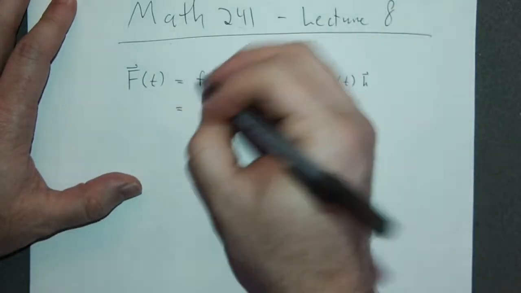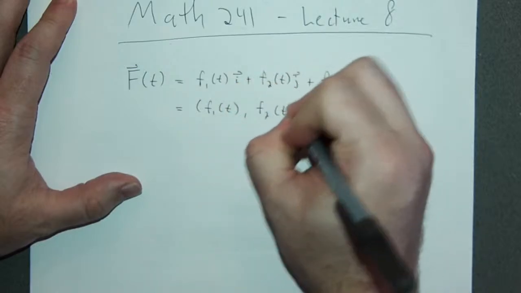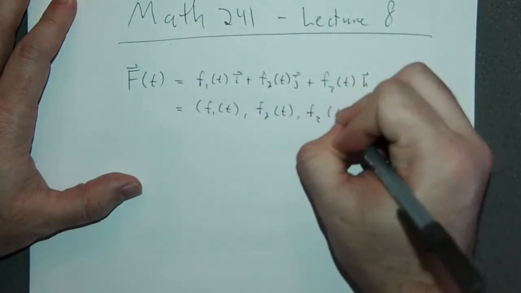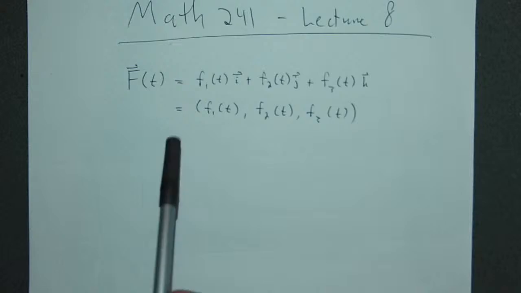Of course, a completely equivalent way of writing this is using our other notation for a vector. Those are just the functions of t that make up the components of this vector valued function, big F. And the idea was that if I wanted to translate the concepts from Calc 1 and 2 over to vector valued functions, I could do it component-wise.